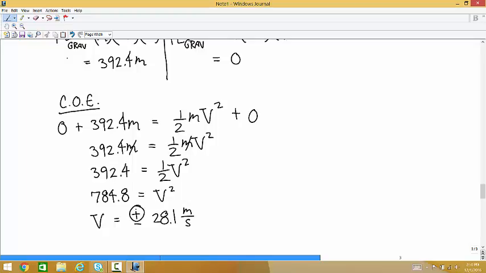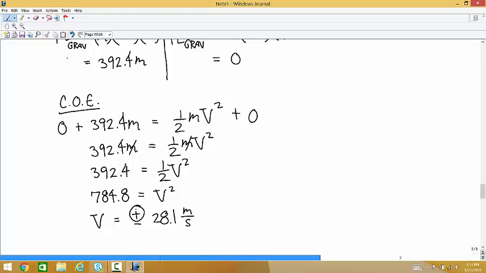So remember that energy doesn't ever give you directional information. Velocity is a directional variable. Speed doesn't have direction, so we're using speed.